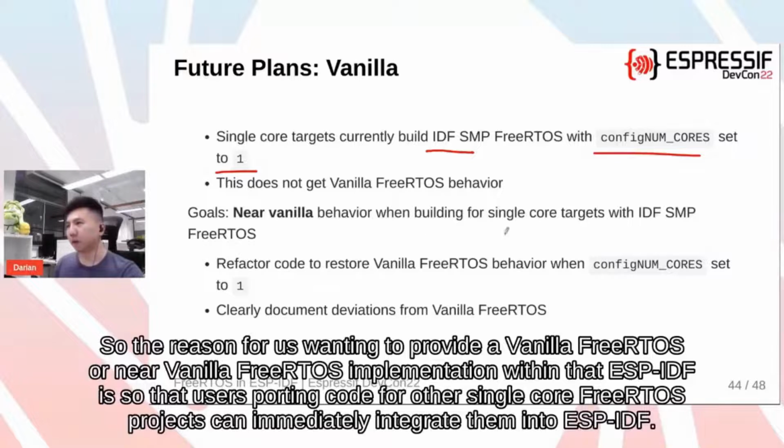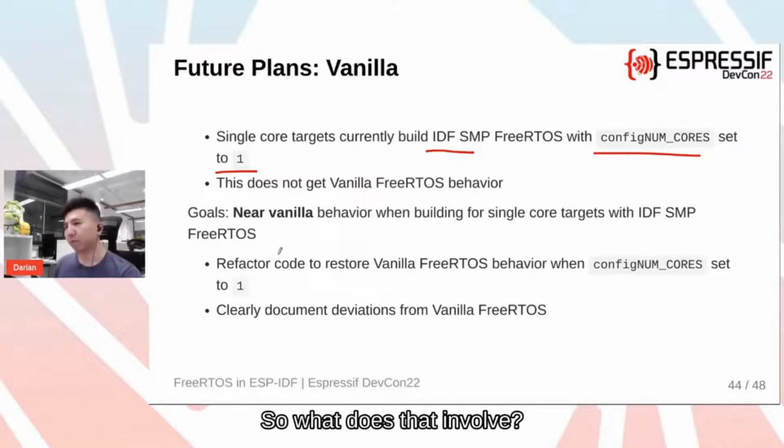The reason for us wanting to provide a vanilla or near vanilla FreeRTOS implementation within ESP-IDF is that users porting code from other single core FreeRTOS projects can immediately integrate them into ESP-IDF. So, what does that involve?